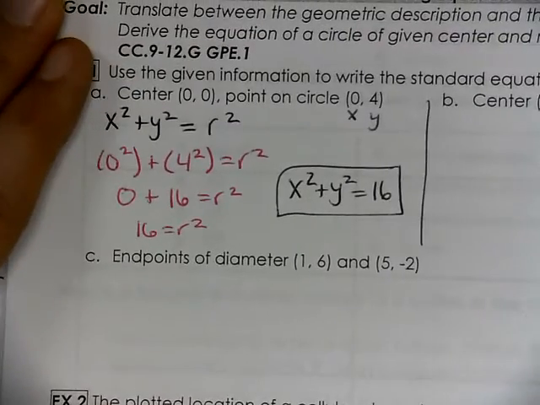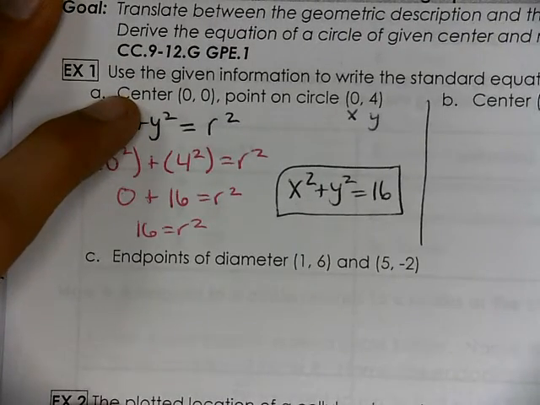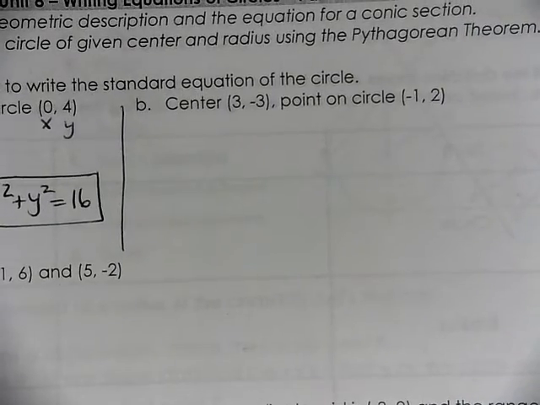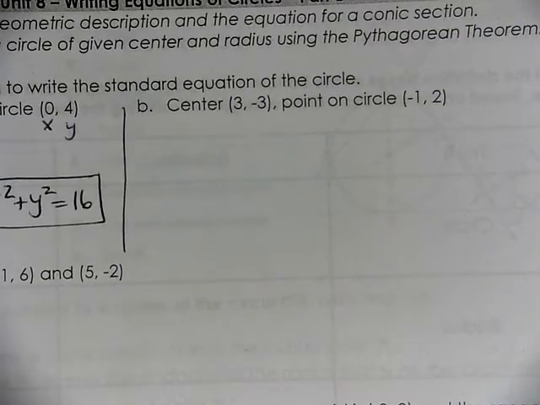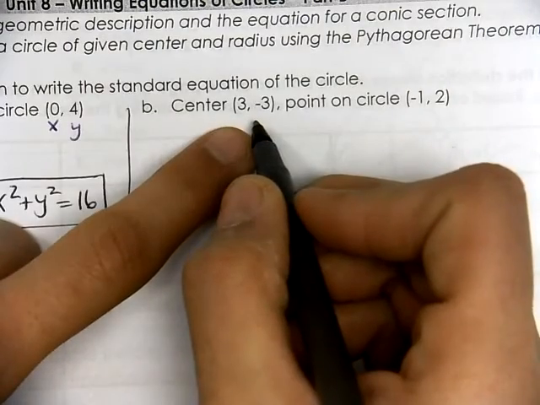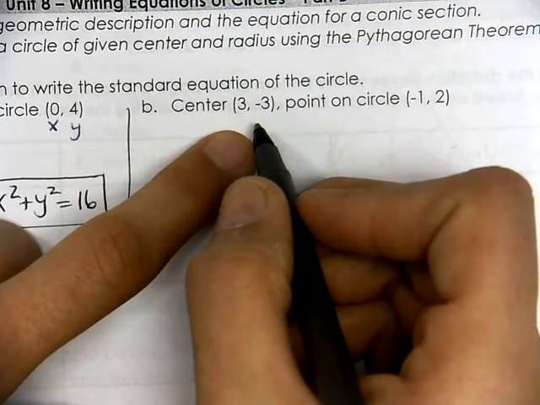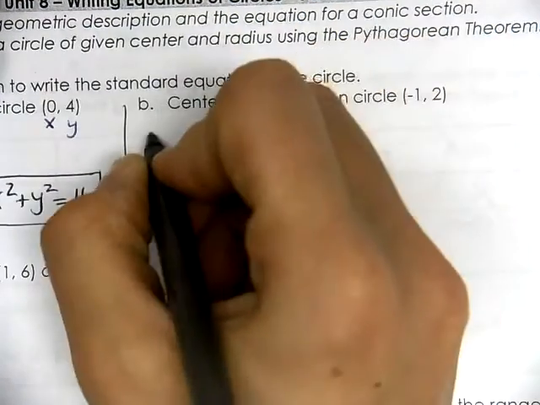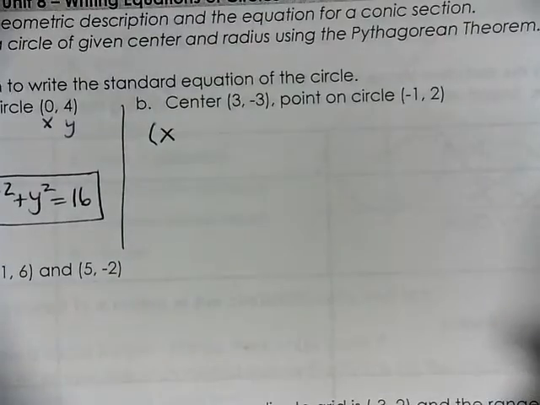Okay. Let's try one where the center's not 0, 0. So we're going to try negative 3, 3. And the point on the circle is negative 1, 2. So use your center. What would the beginning of my equation look like? X what?